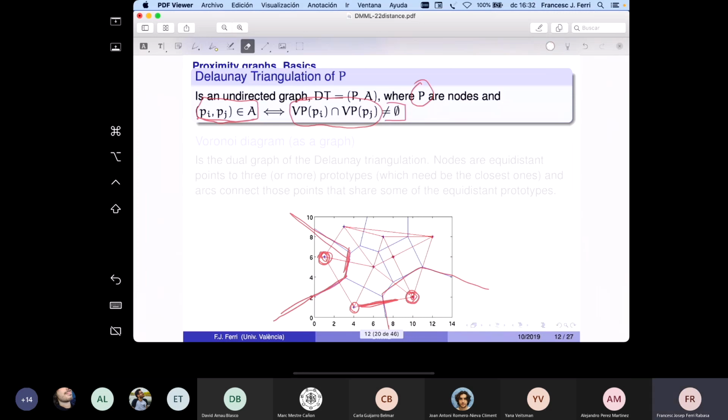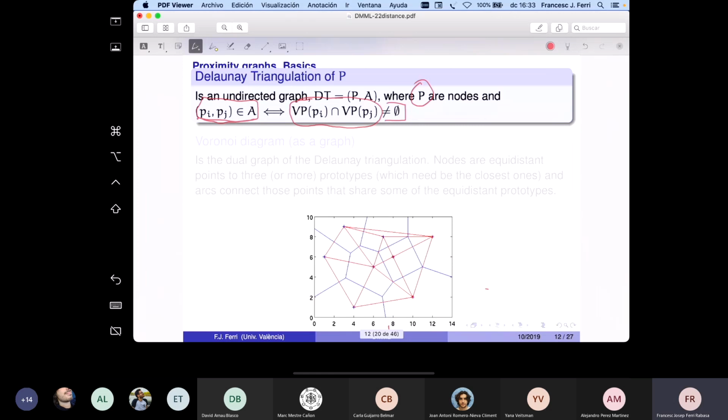The good news is that it's much easier to represent and to keep in memory a triangulation. It's very, very easy. You only need the points and the relations, even in an arbitrarily large number of dimensions. I mean, the representation of the graph does not depend on the dimension at all. You see? This is the good news.